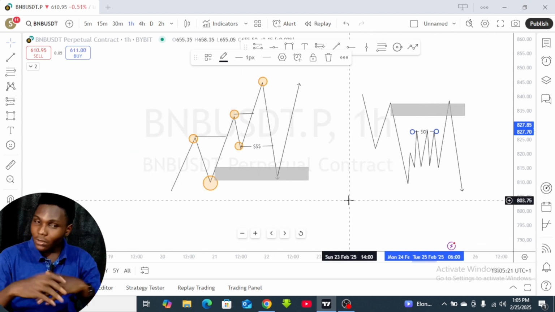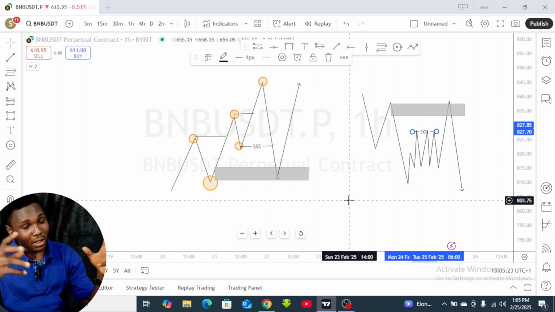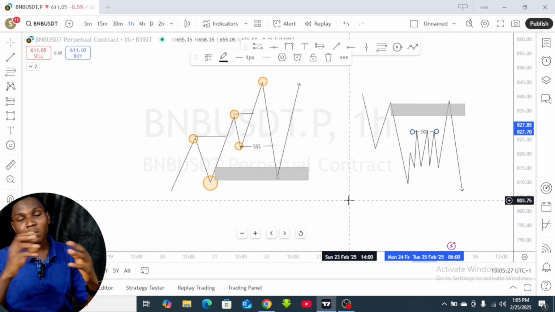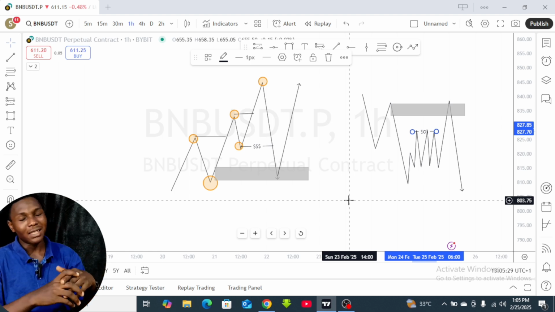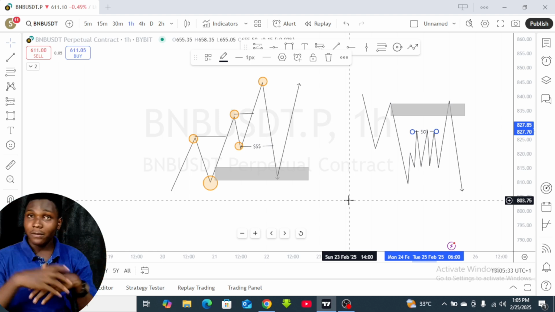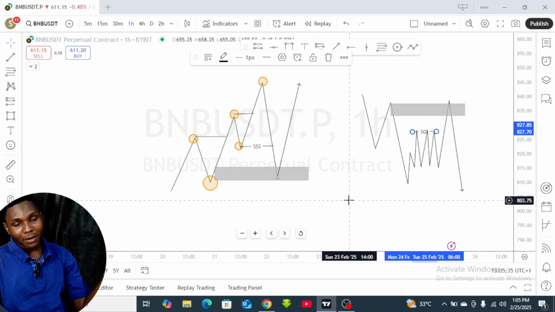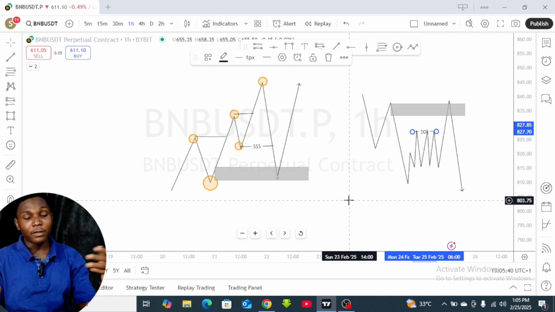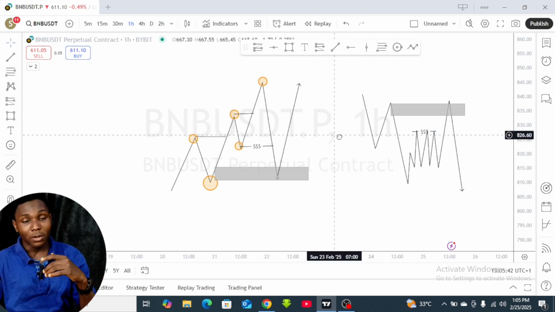Now, the third thing which we use in this particular entry model in smart money trading, mainly as a confirmation, is fair value gaps. I've also talked about fair value gaps extensively in other videos, and do well to check them out if you don't know what a fair value gap is. But quickly, I'm going to talk about a fair value gap now.